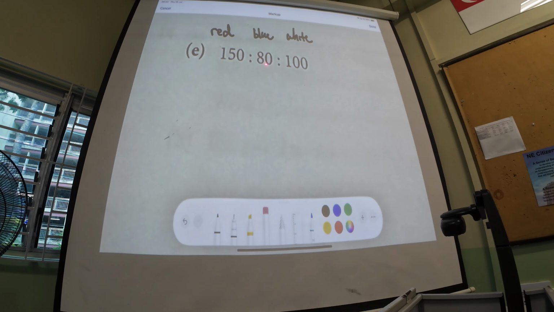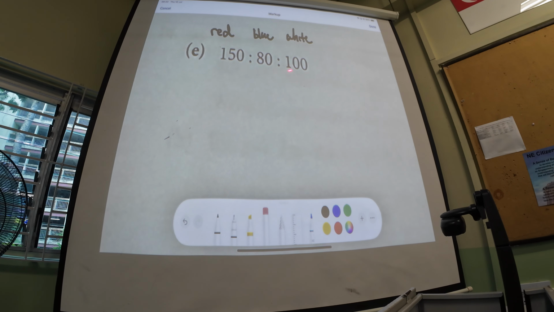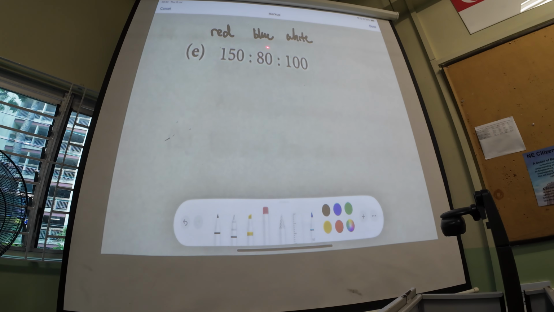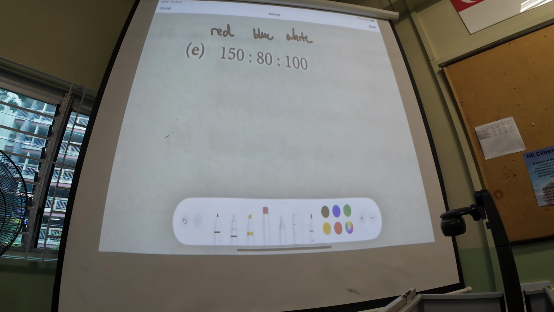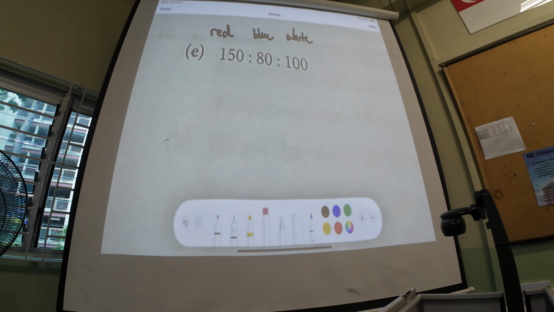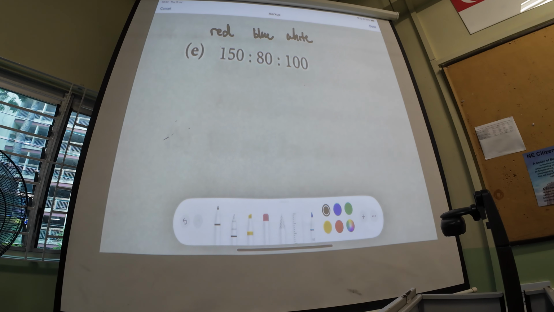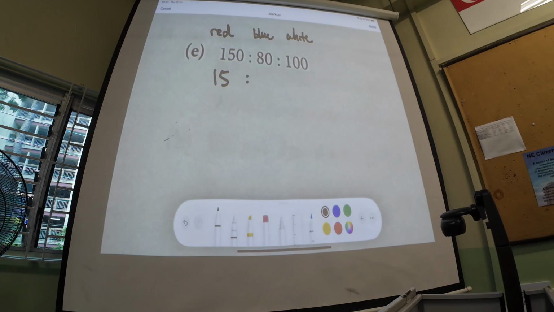When I divide one, I divide the other one, I divide the third one also. So in this case, the fastest, easiest one to see is that all of them got a 0 behind. When all of them got a 0 behind means we can divide it by 10. Okay? So if I divide 150 by 10, I get 50. Then I want to divide the first number by 10, I have to divide all the other numbers by 10.